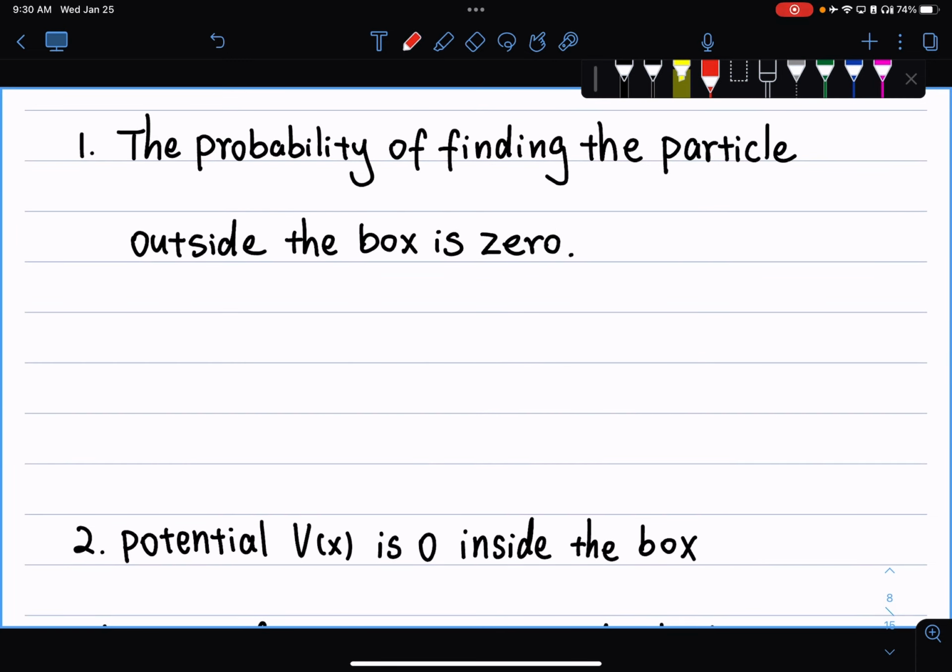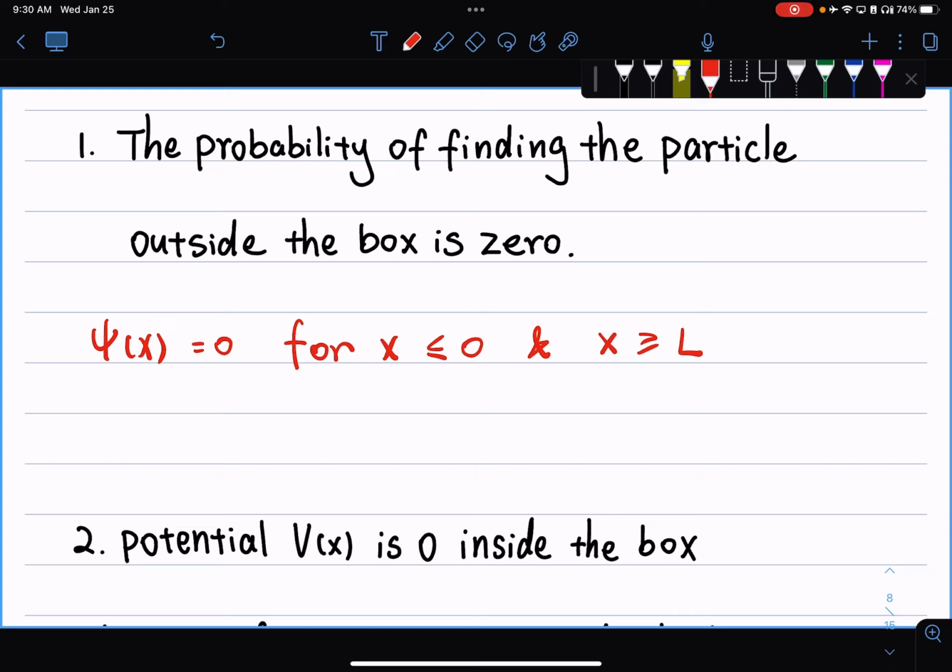So the probability of finding the particle outside the box is just going to be 0. Or the other way to put it is phi(x) equals 0 for x smaller than or equal to 0, and x larger than or equal to L. So again, what we're saying here is just translating those infinite walls into the wave function.